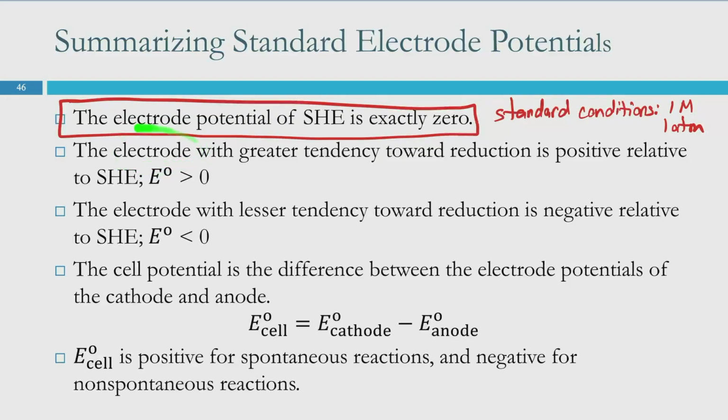The electrode with the greater tendency towards reduction, gaining electrons, is positive. Its E cell is positive. A positive value will attract electrons, just like a positive charge will attract electrons.